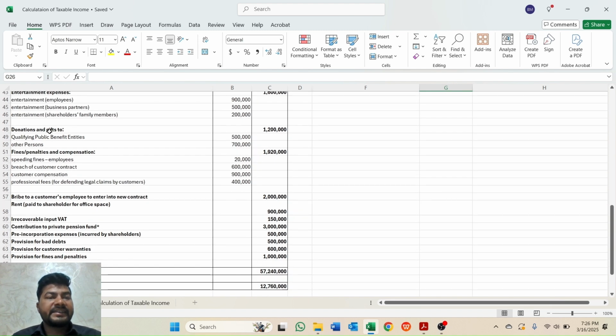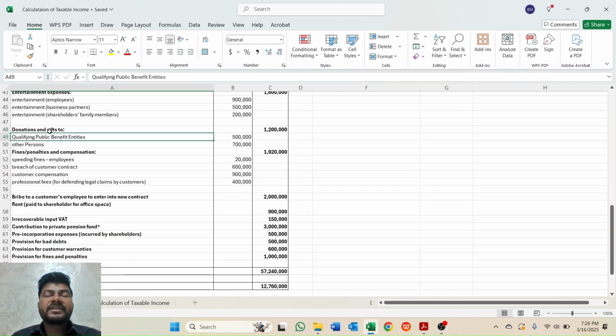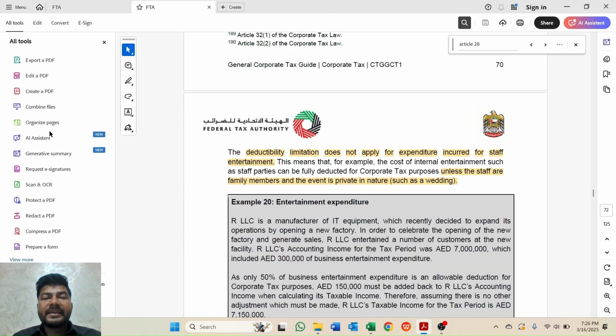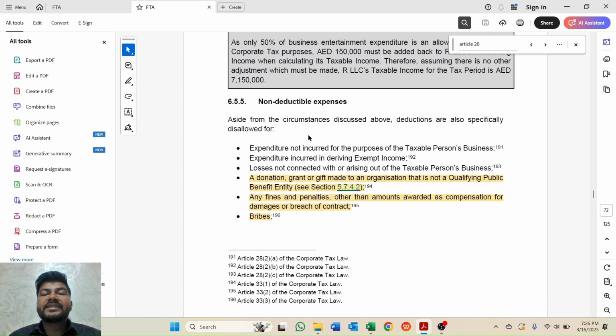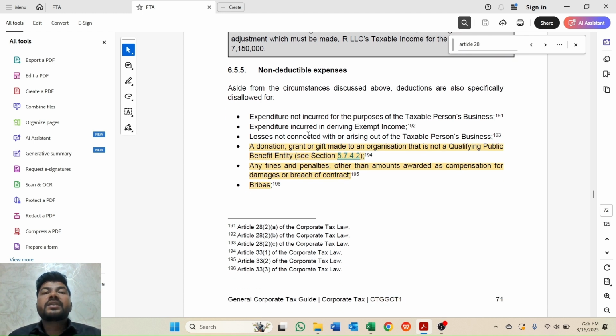Now, donations and gifts. Qualifying public benefit entity, let's come again to this table of non-deductible expenditure. What are the expenditures which will not be allowed as deductions? Here you can see at point number 4, a donation, grant or gift made to an organization that is a non-qualifying public benefit entity is not deductible.